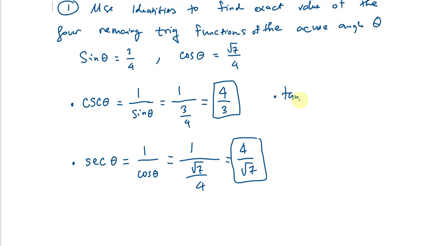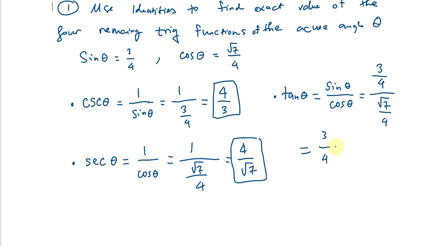Well, tangent is easy. Remember, tangent is sine of theta over cosine. That's the rule, the trig identities. Now, sine is 3/4. Cosine is square root of 7 over 4. Now we can simplify this.